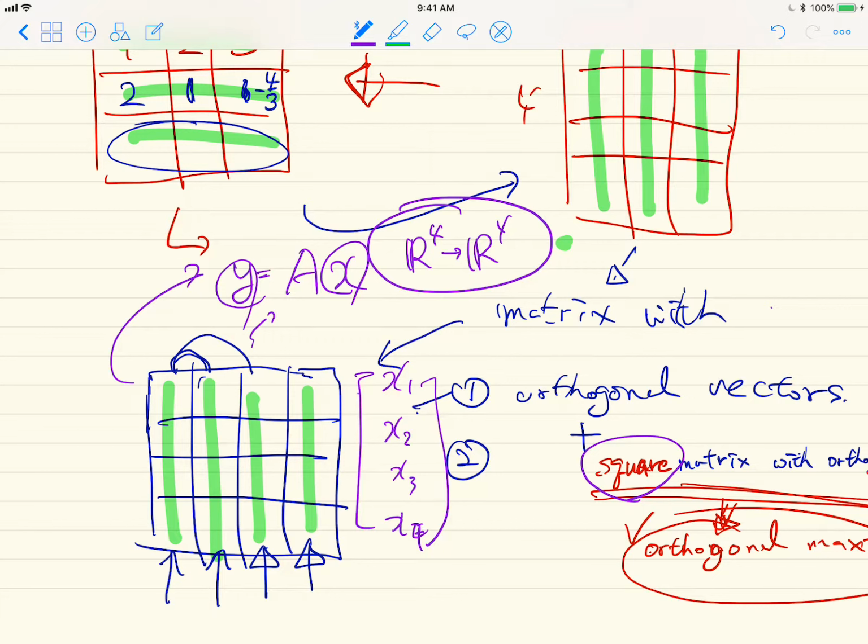Okay, now we also consider the standard unit vectors 1, 0, 0, 0 and 0, 1, 0, 0 and so on. What would be their respective transformation outputs in the case of the orthogonal matrix A?